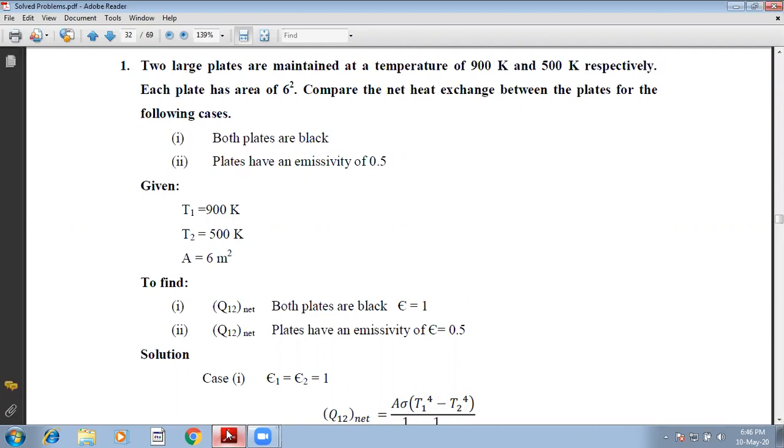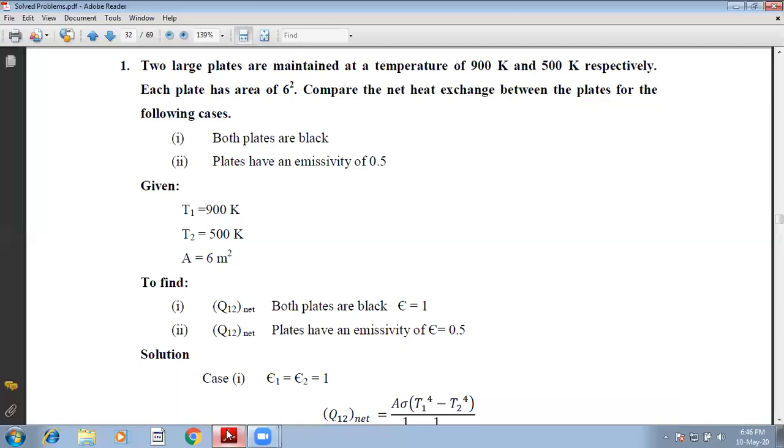As you all know, radiation is the energy emitted by matter in the form of electromagnetic waves as a result of changes in the electronic configuration of the atoms and molecules.